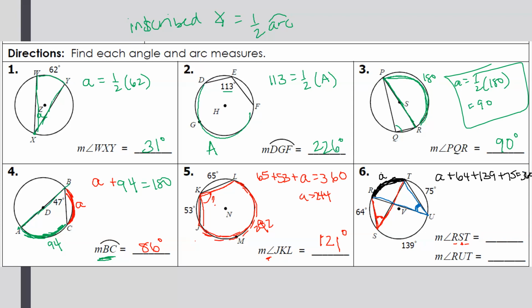It's 82. So the measure of this arc is 82 degrees. So the 82-degree arc is being intercepted by this inscribed angle, this red angle, which means that the measure of the red angle is half of 82, 41 degrees. Oh, but the red angle and the blue angle had to be the same. So angle RUT is also 41 degrees.